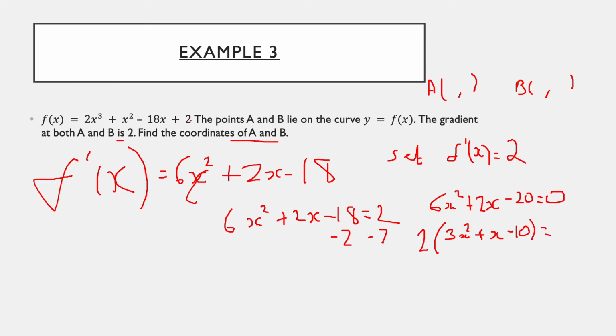So solving this now is a bit easier. I'm going to have 2 brackets, and then I'm going to factorize this. Now, I've done this earlier before I did the video.